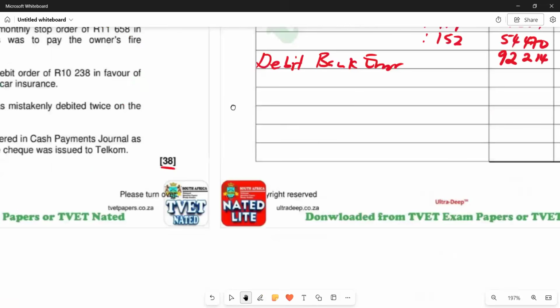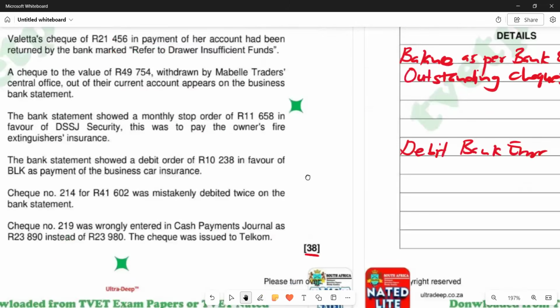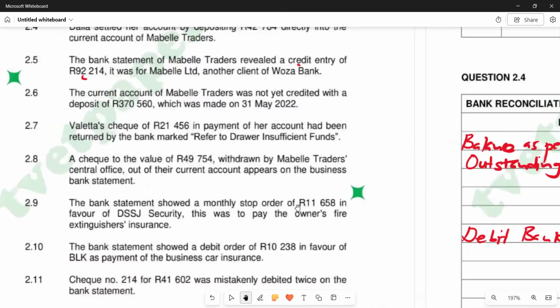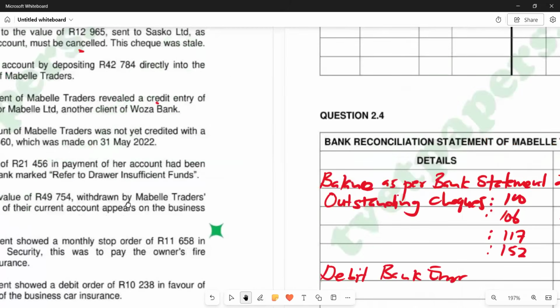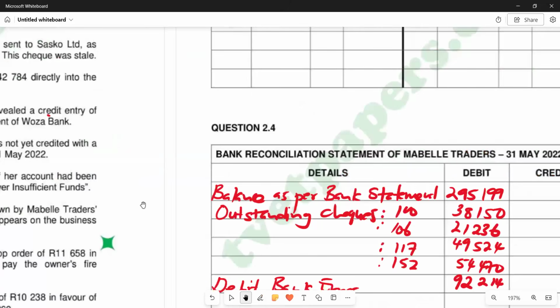So we go after that again, we see what do we have. We are now on 2.6. The current account of Mabele Traders was not yet credited with a deposit of 370,560, which was made on 31 May 2022. You see, so this deposit is along the way, it's coming.